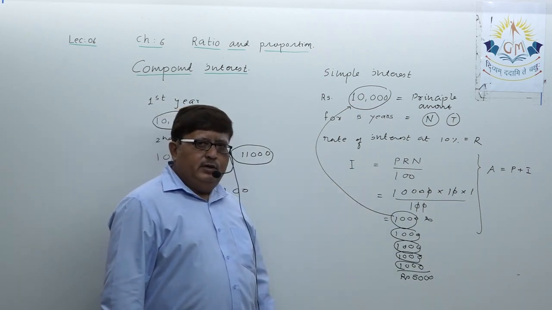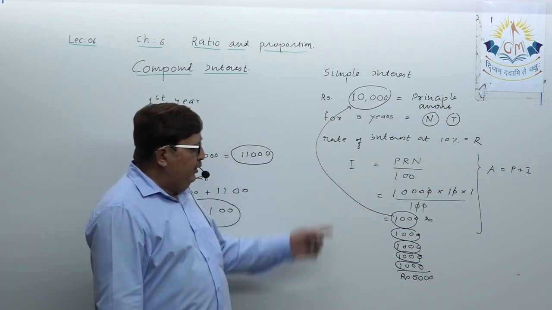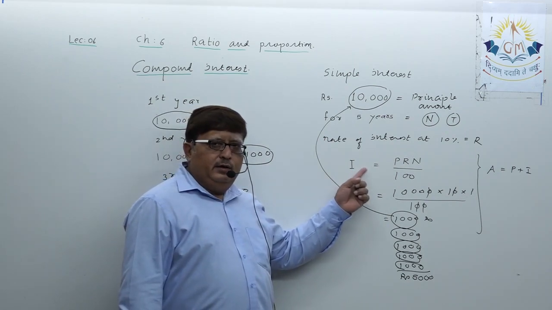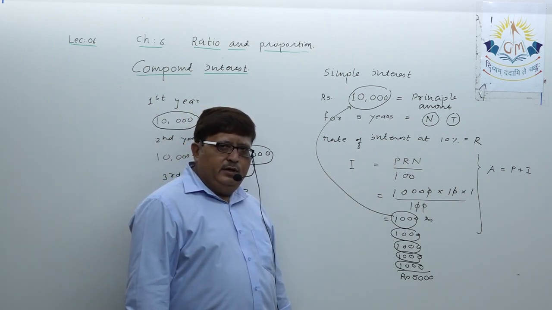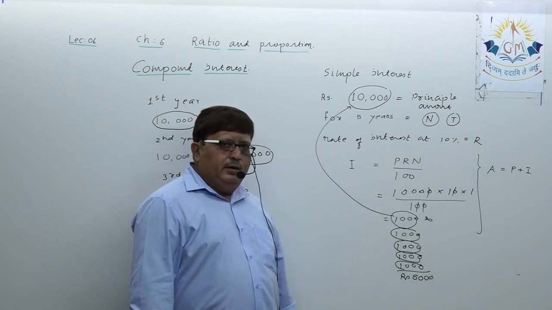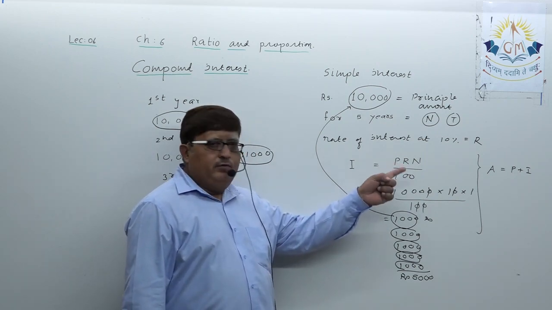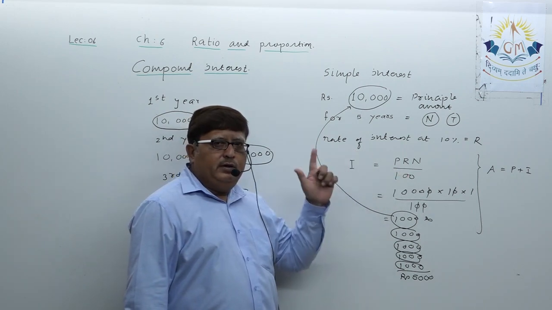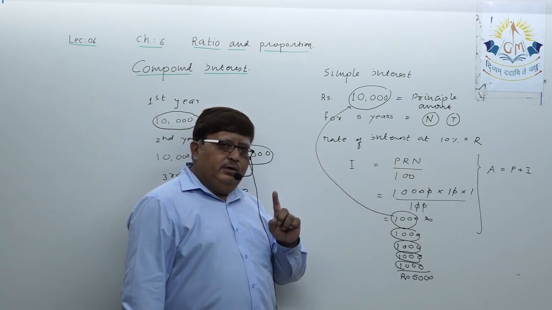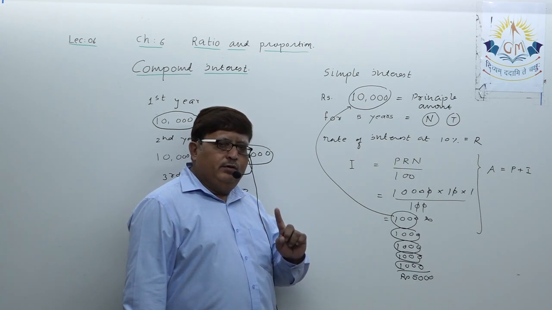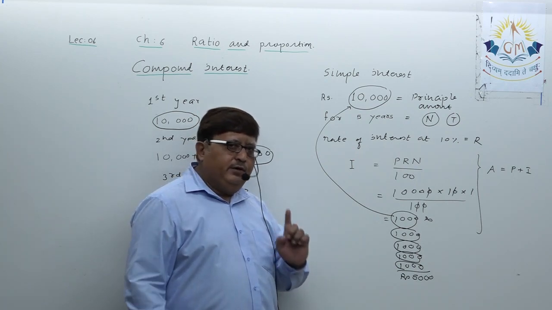These two formulas, I think you are well aware of: I equals PRN upon 100, A equals P plus I, but these two formulas apply only and only for simple interest.